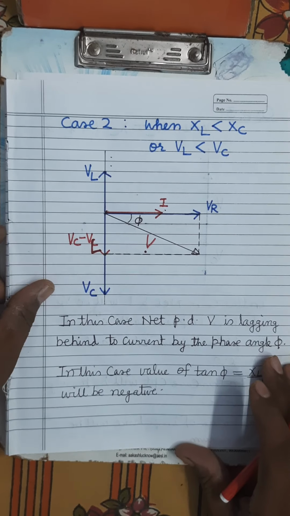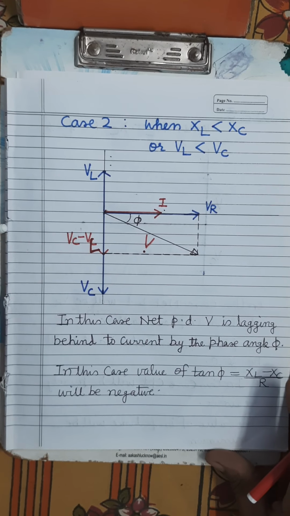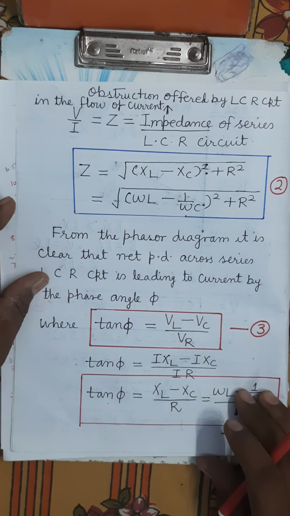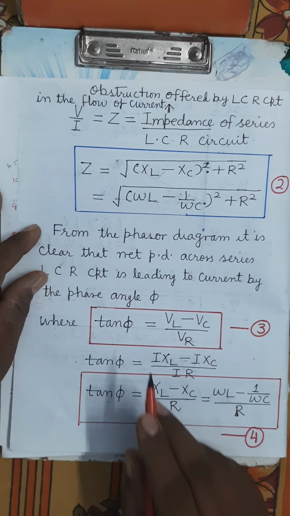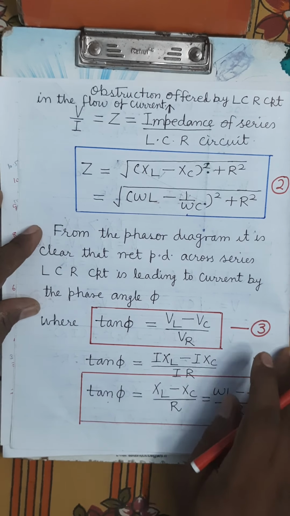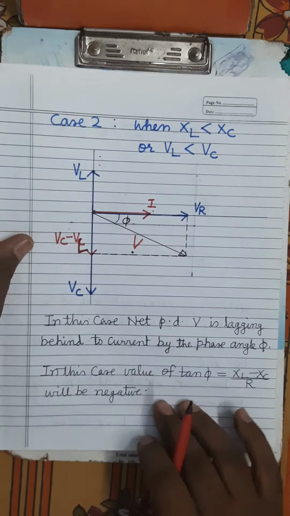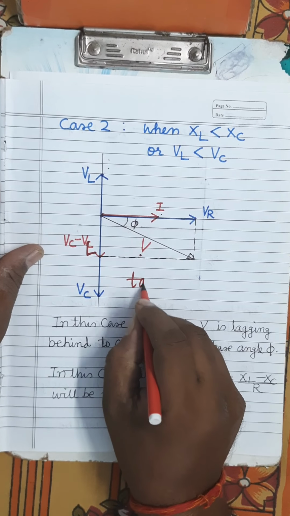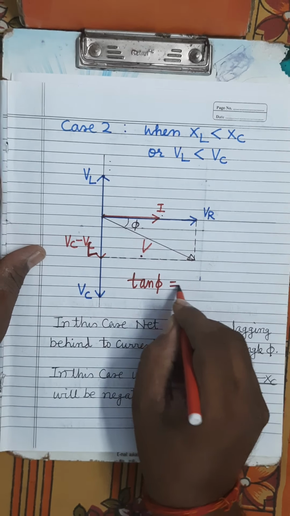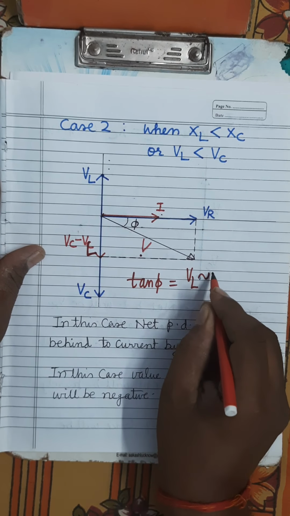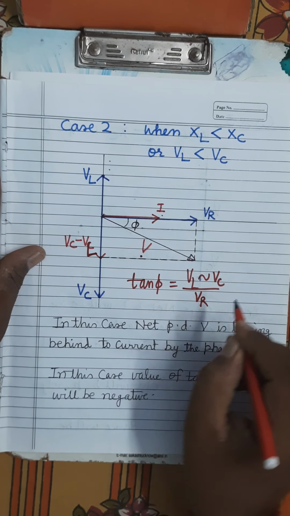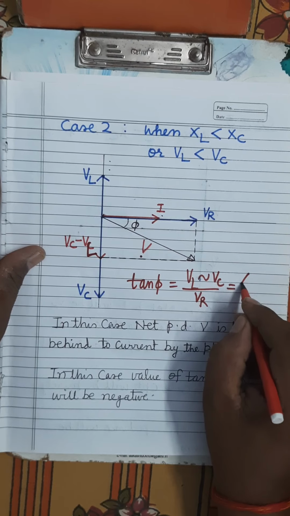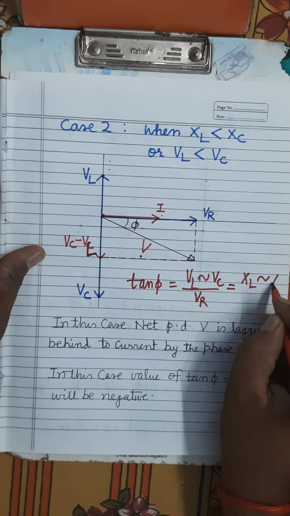It's clear. That's why sometimes, in place of taking the minus sign, we take the difference. We write tan phi equals VL difference VC upon VR, or we write it as XL difference XC.